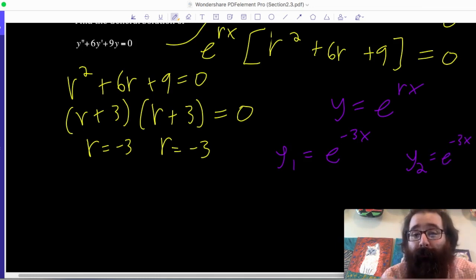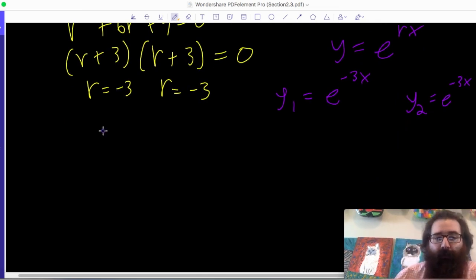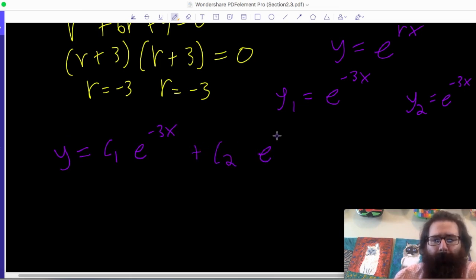The problem, though, is that these are not linearly independent. It's the same thing. And if I don't notice that right away, when I go to use my superposition principle, we would say, okay, so then what is this? It's c sub 1 e to the -3x plus c sub 2 e to the -3x.